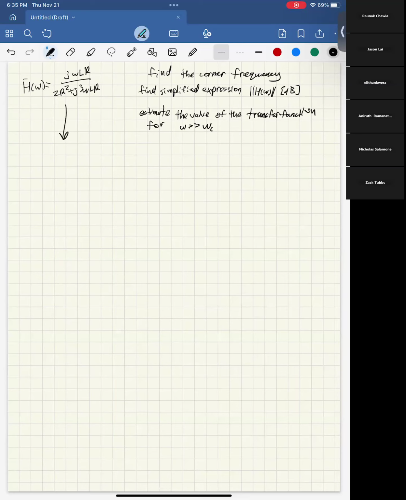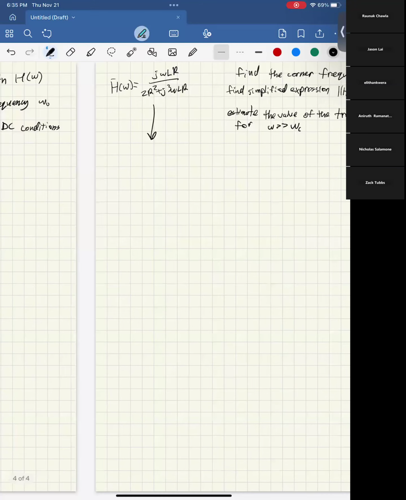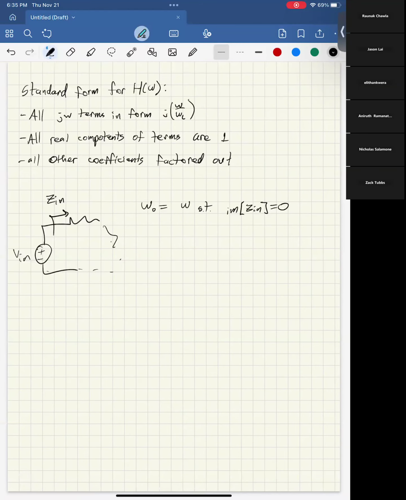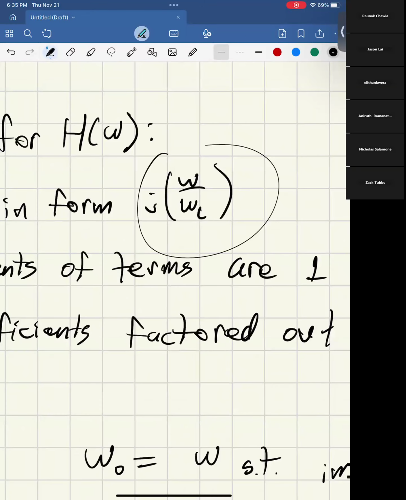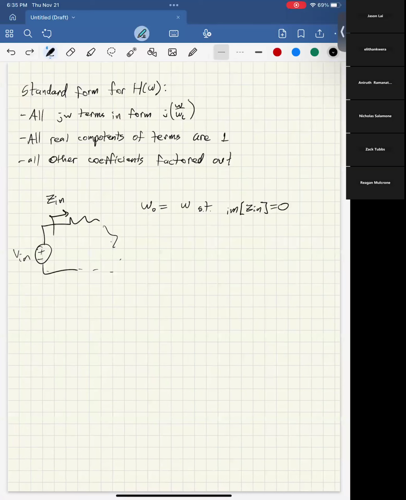To find the corner frequency, if you remember from class, or as I said earlier, standard form has all the terms in terms of omega over omega c, where omega c is the corner frequency. More specifically, omega c is the omega such that h of omega c equals, I think, 1 over root 2 of h of 0 or something like that.